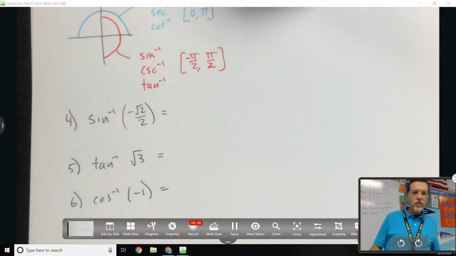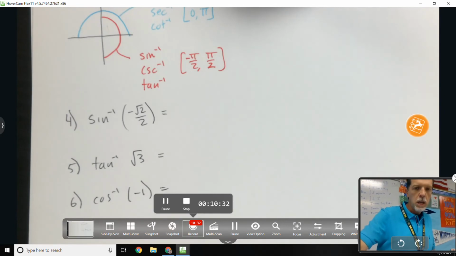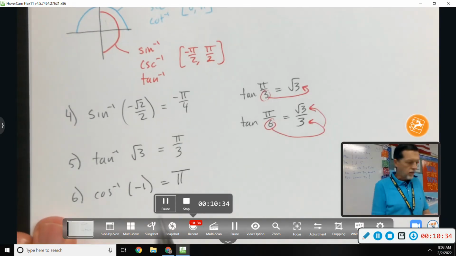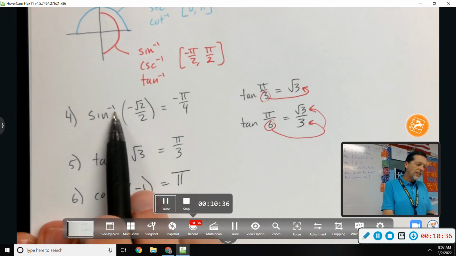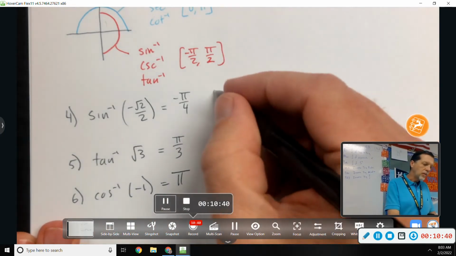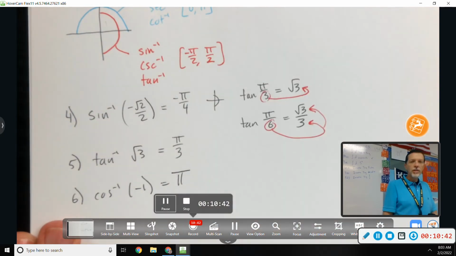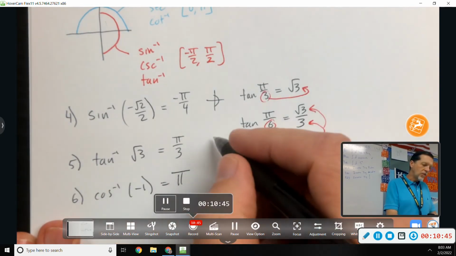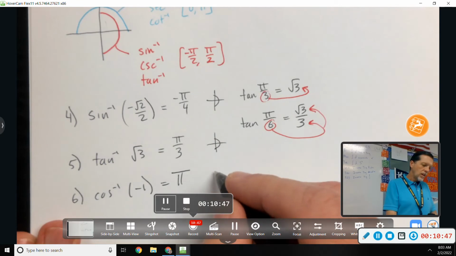Inverse tangent of square root of 3. Inverse cosine of negative 1. That's a good point. Each of those means find an angle whose sine is negative root 2 over 2, but you have to pick it from where you're allowed to look. Find an angle whose tangent is square root of 3. Find an angle whose cosine is negative 1.